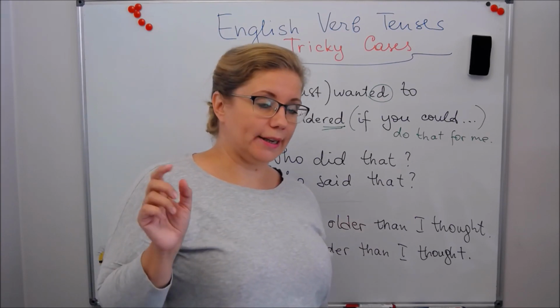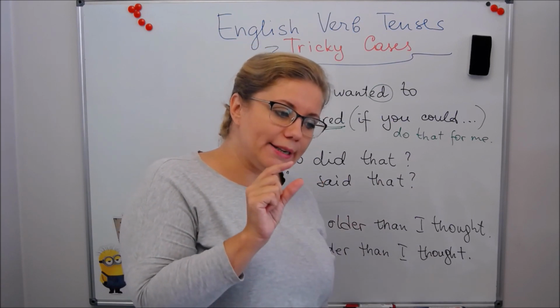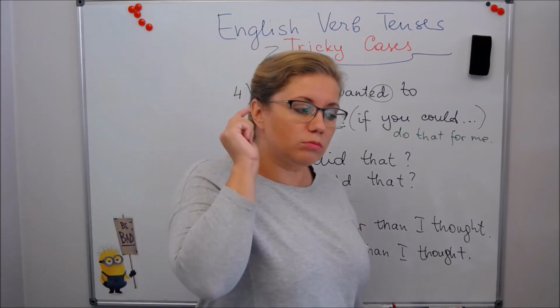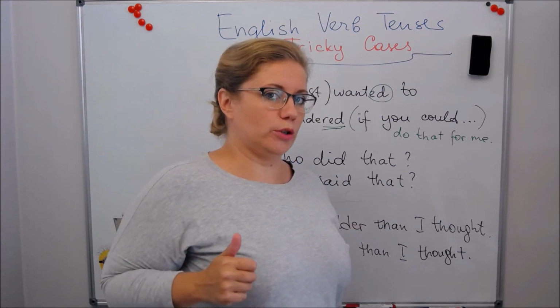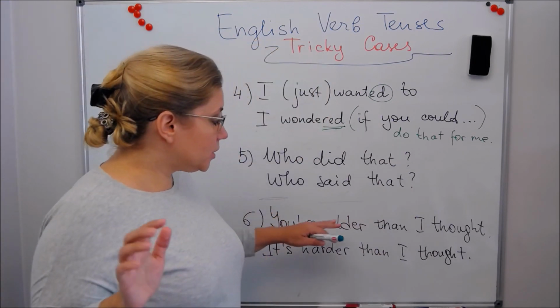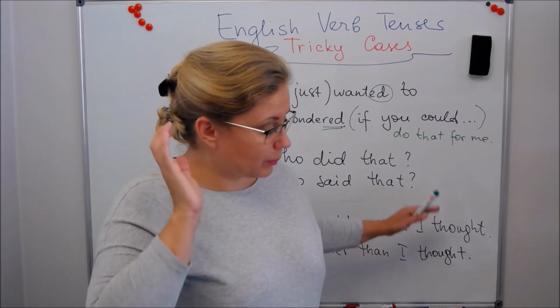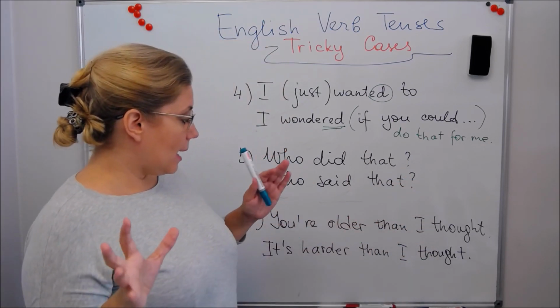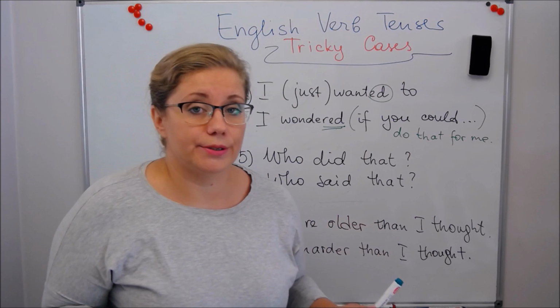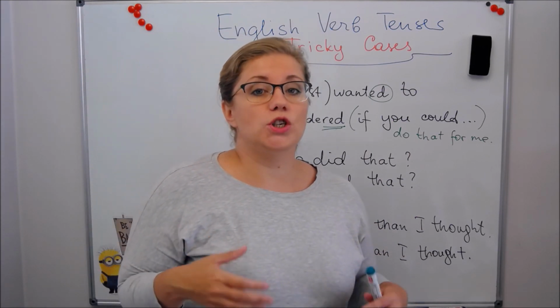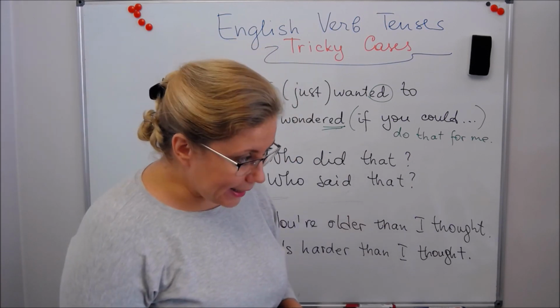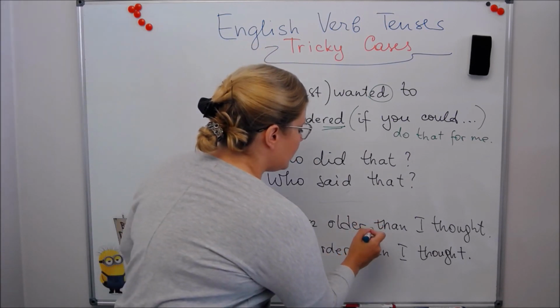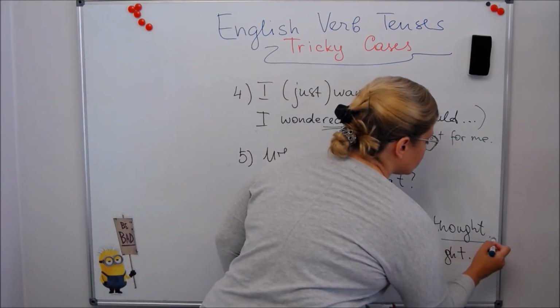I hope it's clear. It's such a small minor case, and if you listen to native speakers communicate, you will probably notice that. And one more set expression when you are talking about a surprise, about something which is different from what you expected. Here you will have a set phrase, "than I thought."